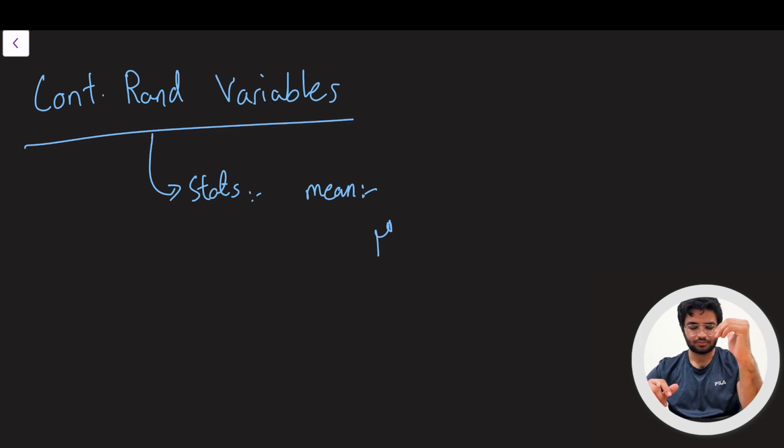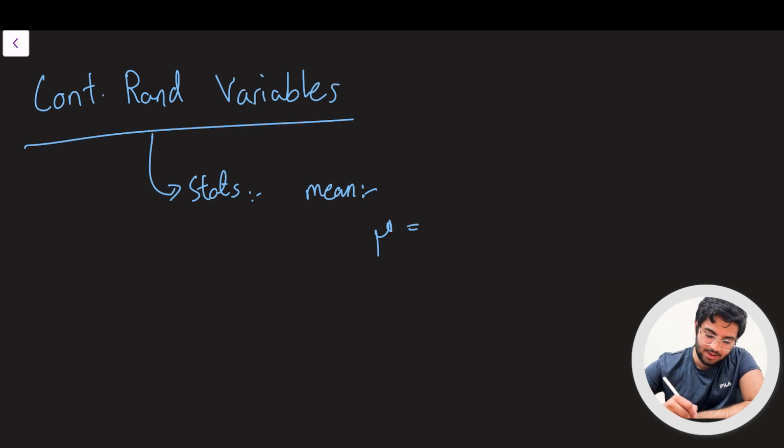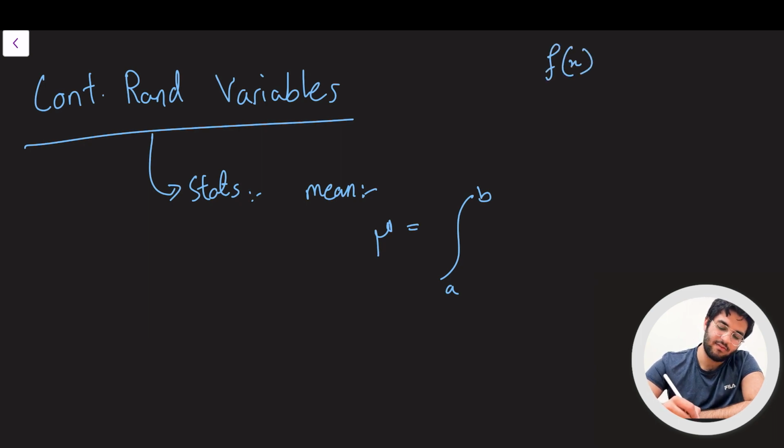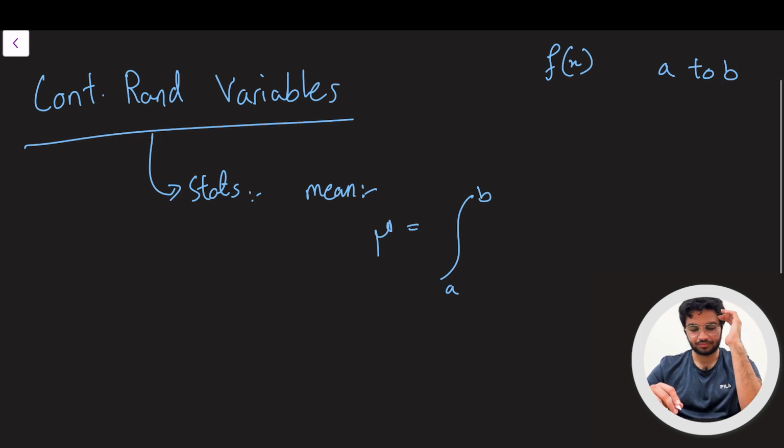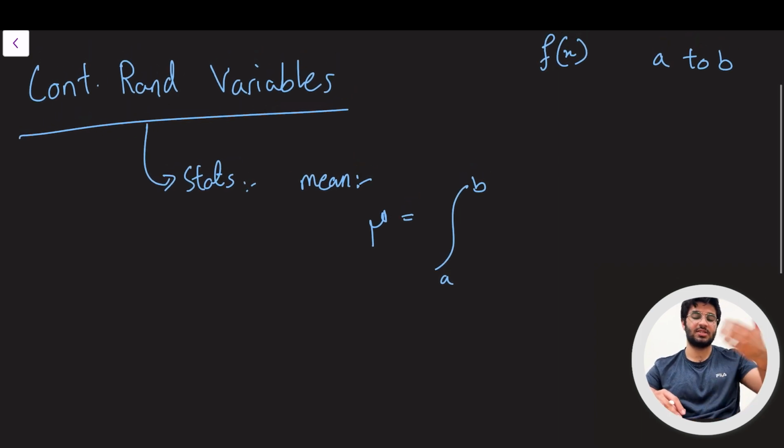For continuous random variables, it is defined like this. An integral, as we've been doing, from a to b, a being the start point and b being the end point. In fact, I should describe this at the start. f of x is your probability distribution function from a to b, a being your start point, b being your end point, of the specified range.